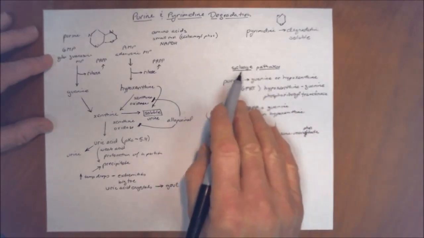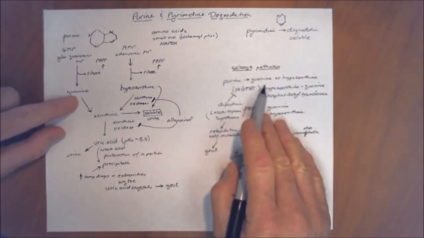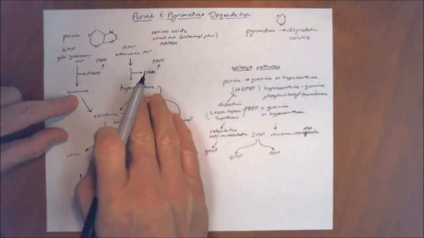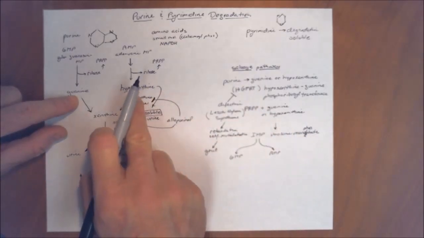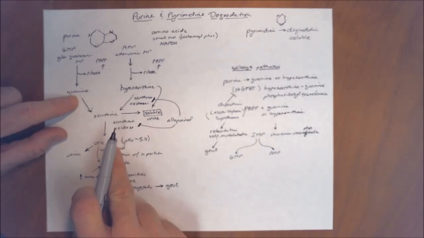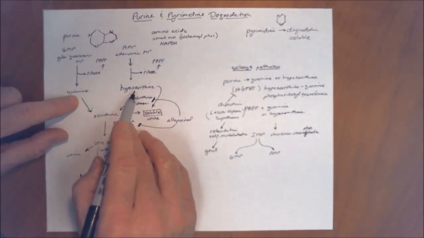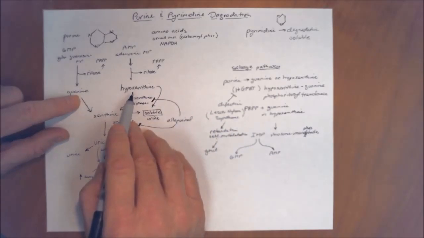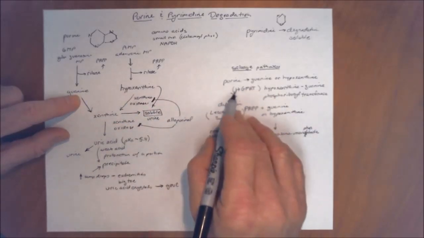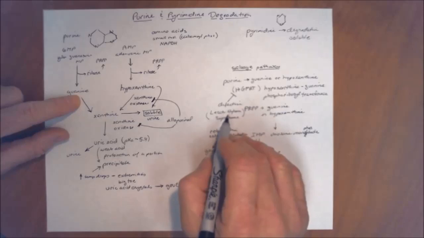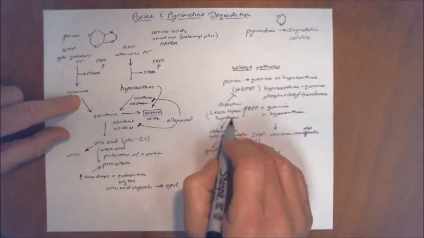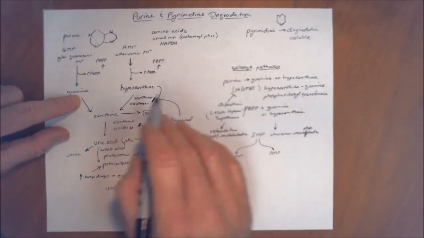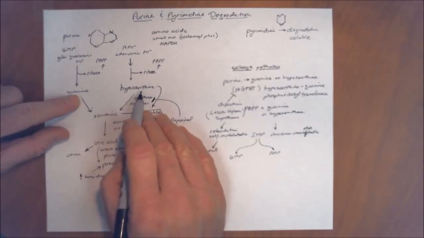Because the salvage pathway is an important pathway to recover guanine and hypoxanthine, and it also helps prevent the synthesis of uric acid, because we are recapturing these bases on the ribose to make our nucleotides. So individuals that are deficient in HGPRT with Lesch-Nyhan syndrome are no longer able to recapture guanine and hypoxanthine.